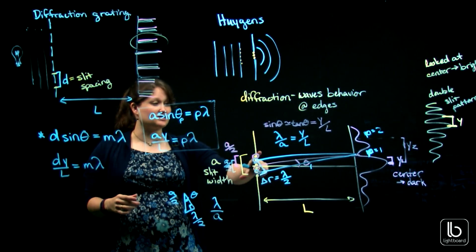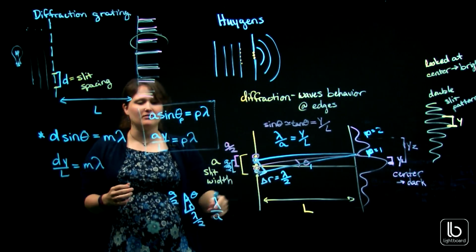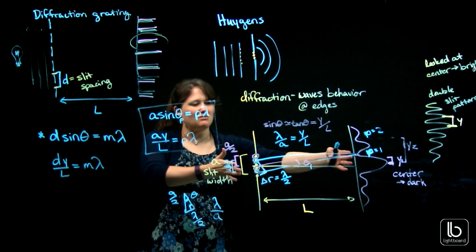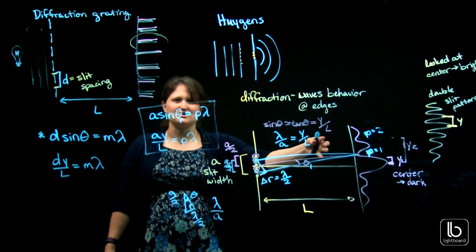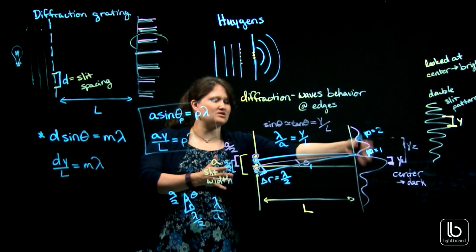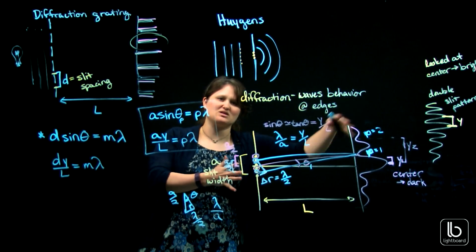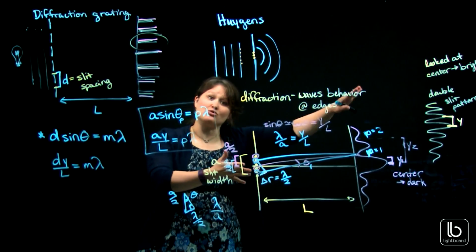So again, a wider slit is going to give me a more scrunched spacing on my pattern. Then it stands to reason that if I bring my length in closer, I expect to see that spacing get smaller and smaller. If I spread that screen out to where it's further down, I'm going to spread it out just because I have more room for my triangle to grow.